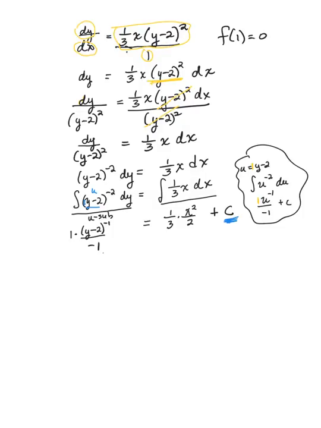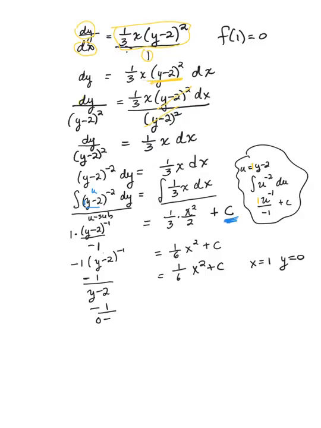So I could rewrite this as negative 1 times y minus 2 to the negative 1 equals 1/6 x squared plus c. I could even write it as negative 1 over y minus 2 to the first equals 1/6 x squared plus c. Now let's substitute x equals 1, y is 0. So we have negative 1 over 0 minus 2 equals 1/6 1 squared plus c.